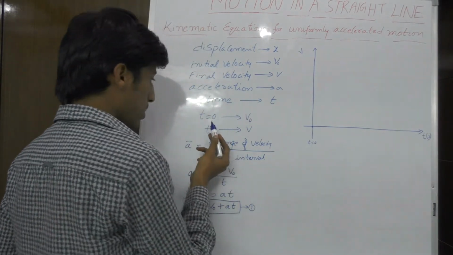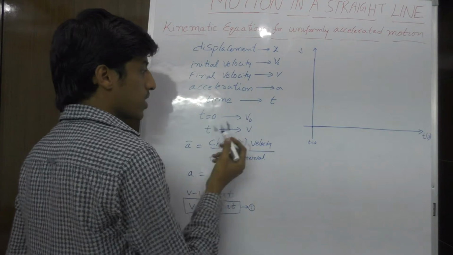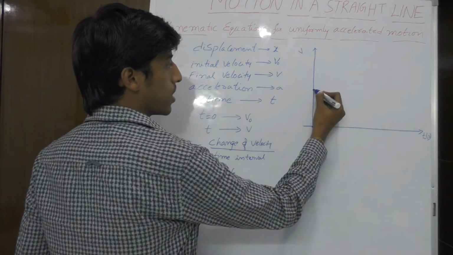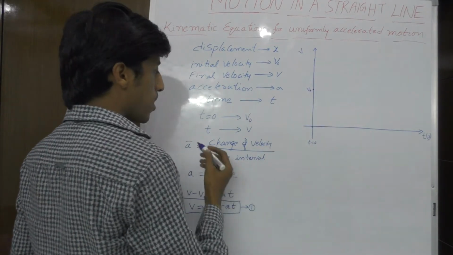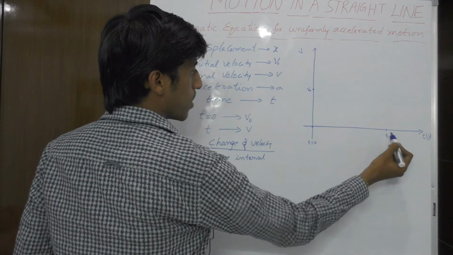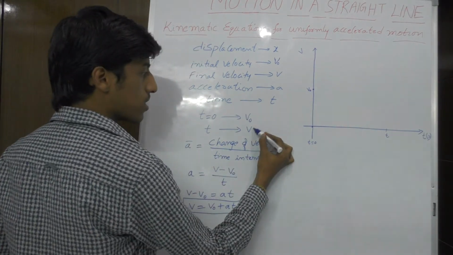At t equals 0 seconds the velocity is v0, and I will mark v0 here, and after some time t seconds, for example this is t, the velocity is v.